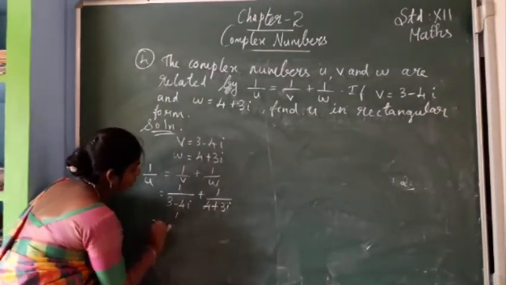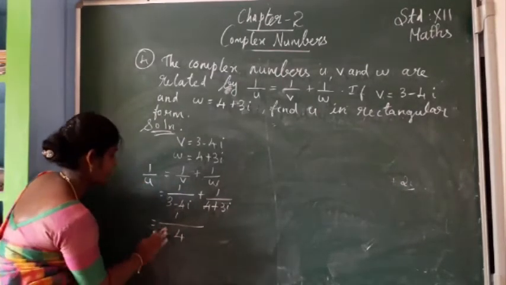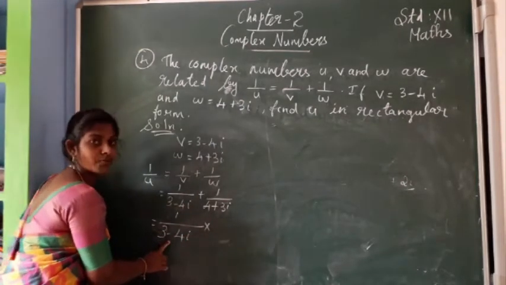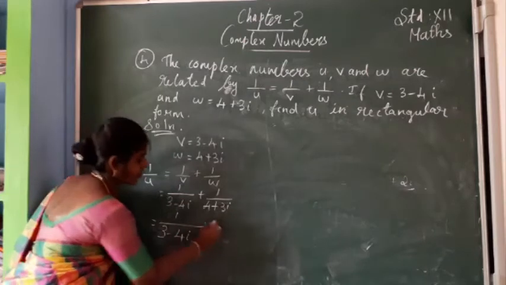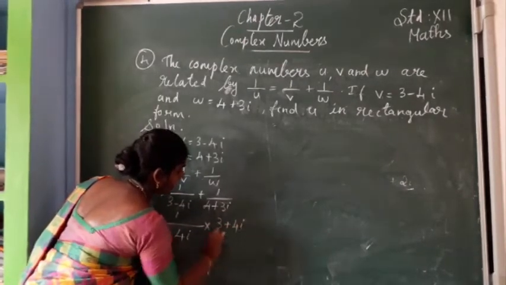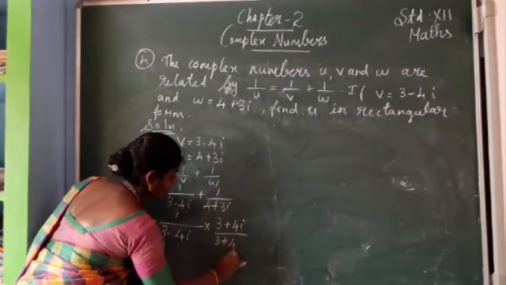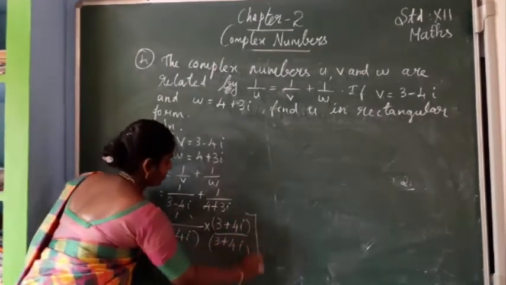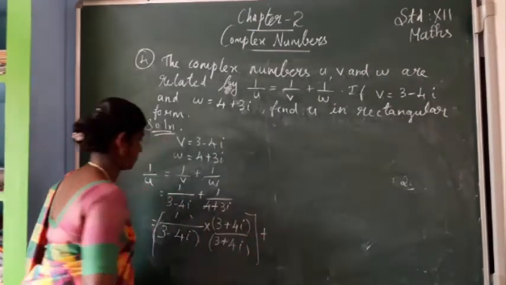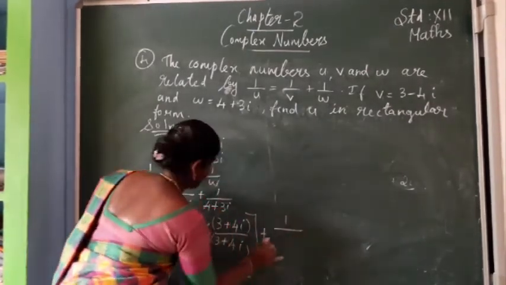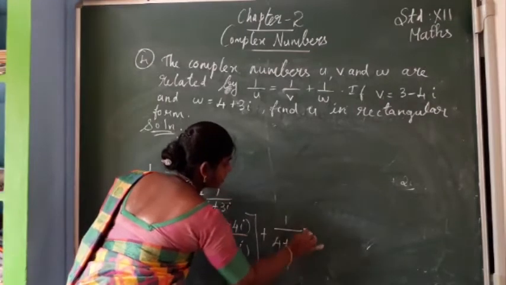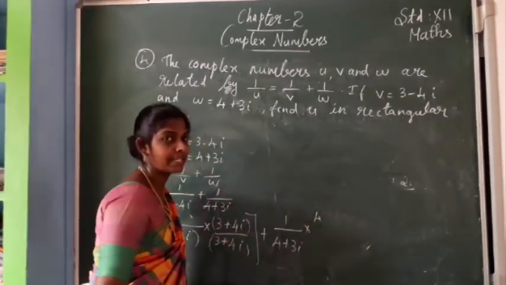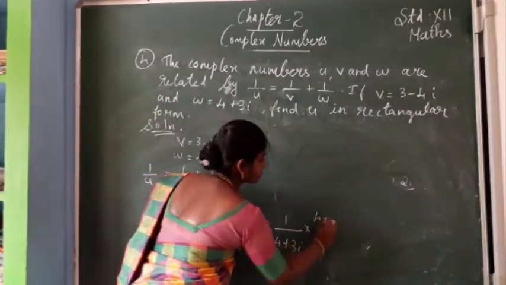That's equal to 1/(3 − 4i) into the conjugate of 3 − 4i, which is 3 + 4i, divided by 3 + 4i, plus 1/(4 + 3i) into its conjugate. What is the conjugate of 4 + 3i? The conjugate is 4 − 3i.